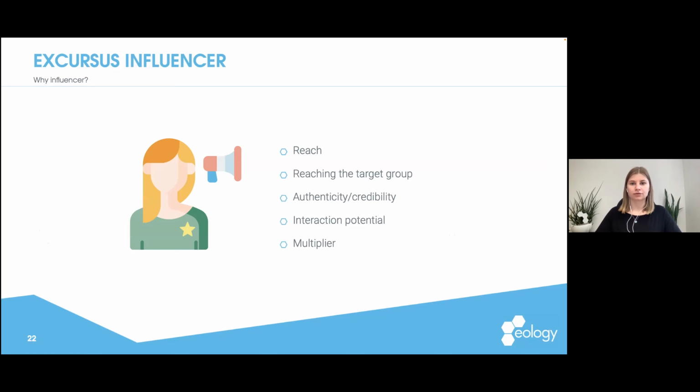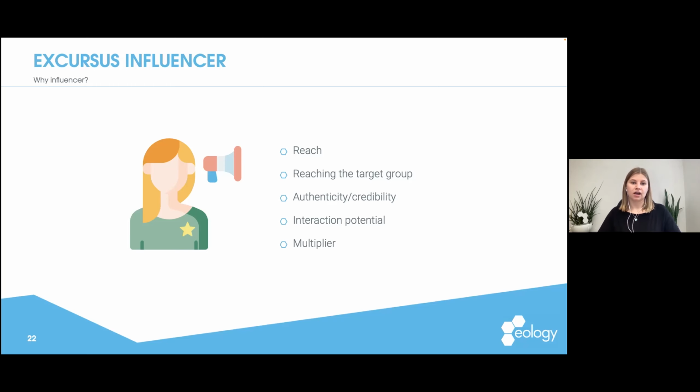So why influencers? Of course, reach. The influencers build up a community over a long period of time, and therefore now have a wide reach. The reach you actually also want to gain for your project. They're reaching the correct target group, and if you select them appropriately, the perfect target group is reached. They have a big authenticity and credibility. And the followers trust the opinion of the influencers, and they actually want the same as the influencers.